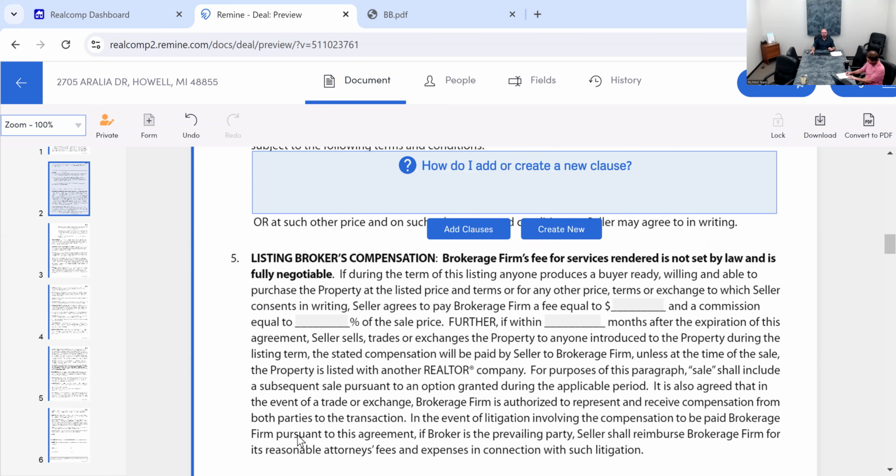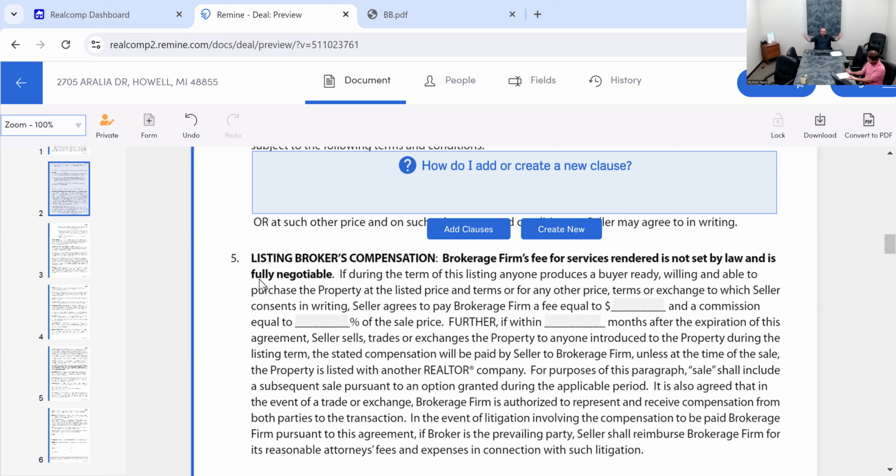All right, to the money. Listing broker's compensation. So we've got the important new language in there. The brokerage firm's fee for services rendered is not set by law and is fully negotiable. That's in bold, and you can point that out to them, saying, hey, it is fully negotiable, but this is what I charge for my services.